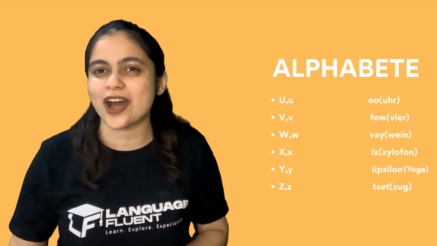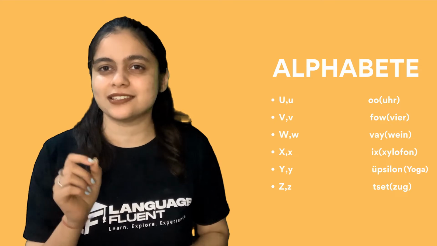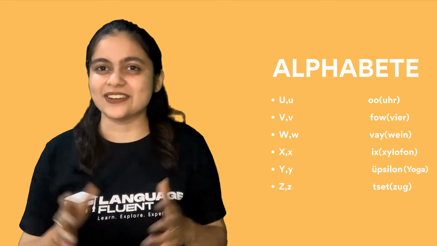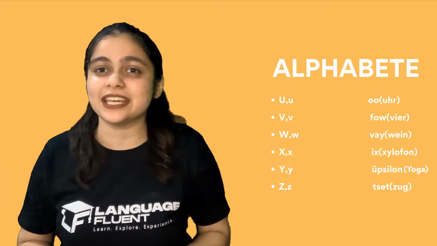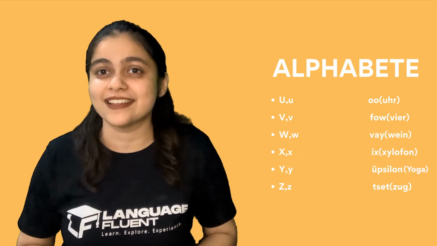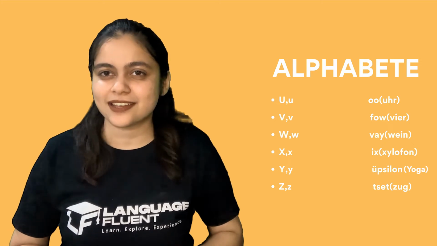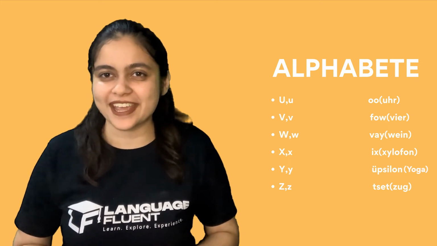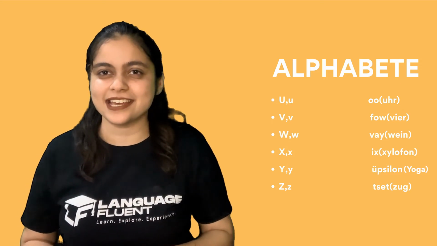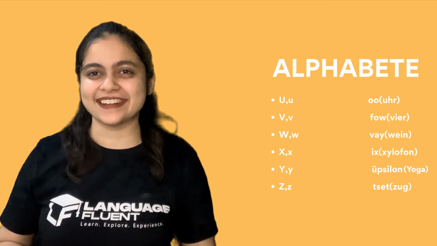You cannot just go out missing the T because the T provides an excellent sound. So now, when you pronounce the Z, it's very essential that you not miss the T here as well. So while you pronounce the Z, you pronounce it as Tset. Okay? And the vocabulary that I have for you guys for Z is Zug. Zug in English means train.